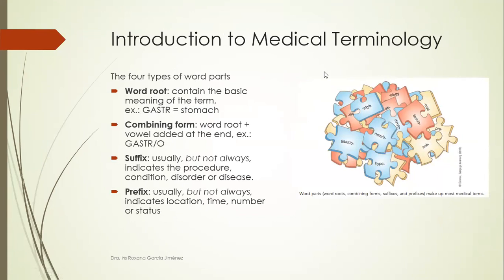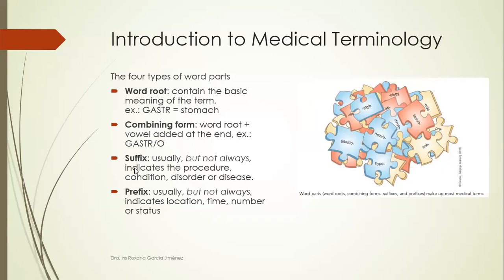So in that way, we have the combining form. The combining form is the word root plus a vowel added at the end. For example, an O: gastro. Now we are more than sure we're talking about the stomach. Moreover, we have the suffix and the prefix.